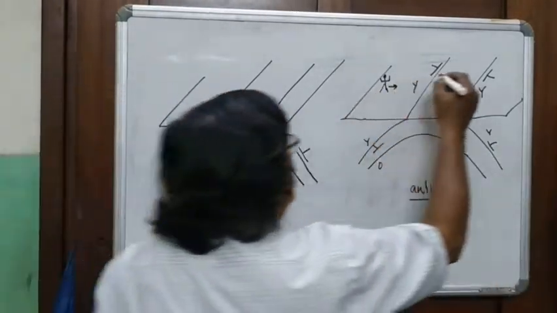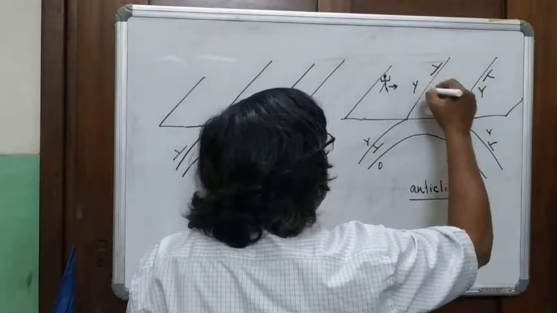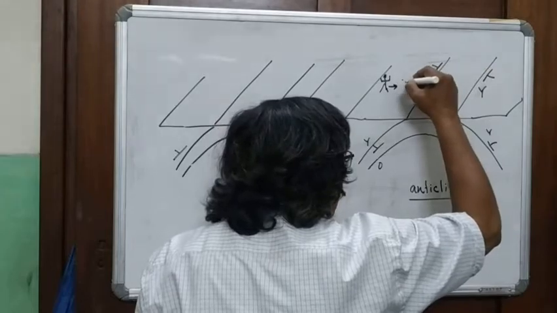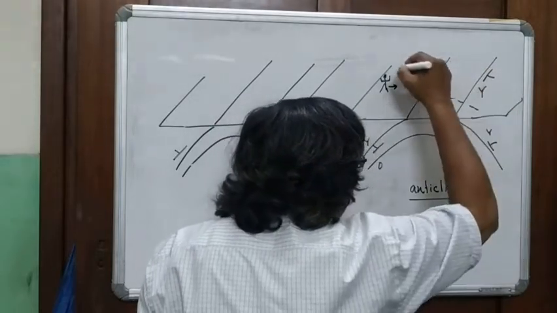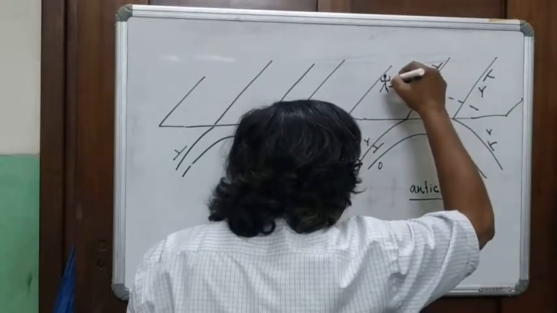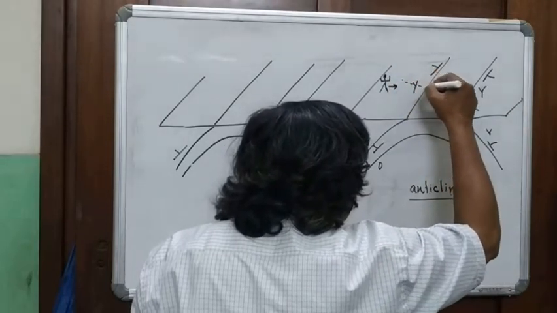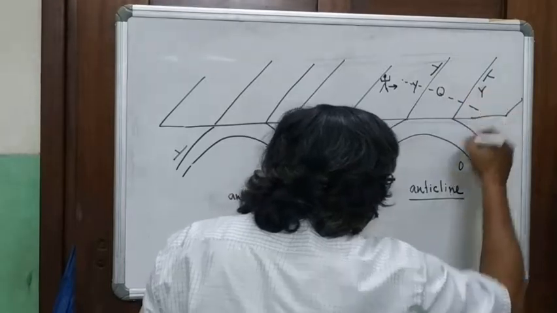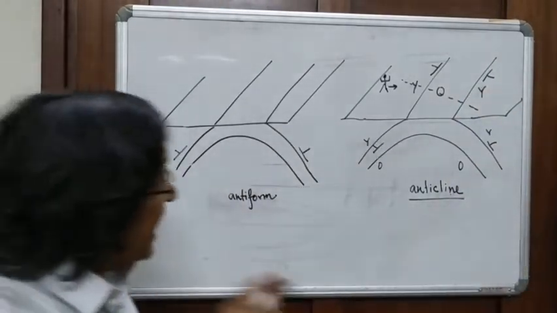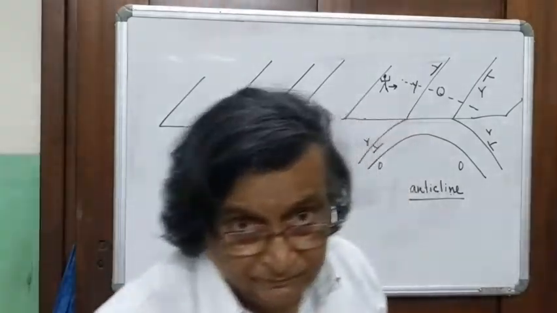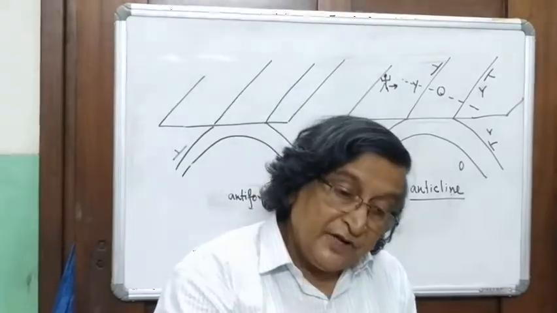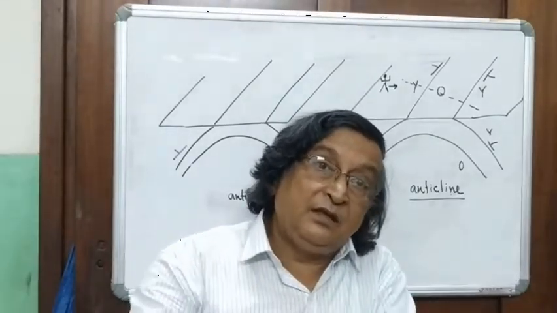If you walk along the dip direction, then you will have younger rocks, older rocks, and again younger rocks. So that is the difference between an anticline and an antiform. An antiform is purely geometrical. An anticline is geometry ingrained with stratigraphy.